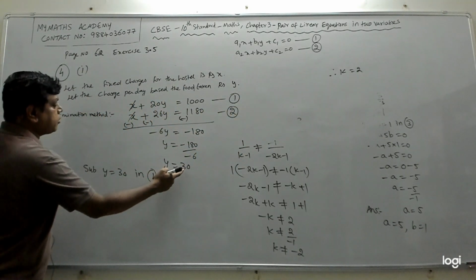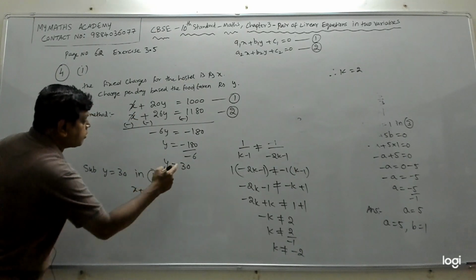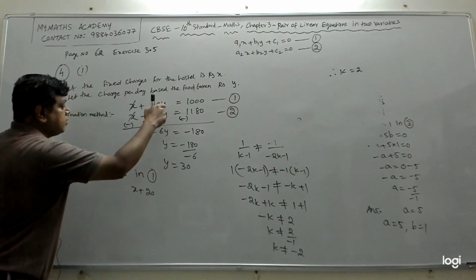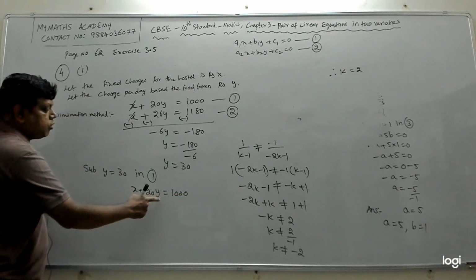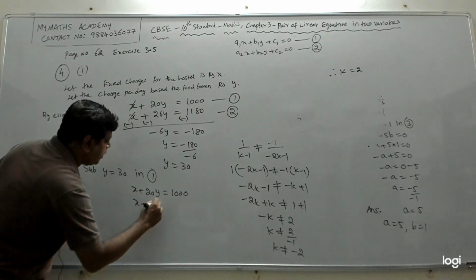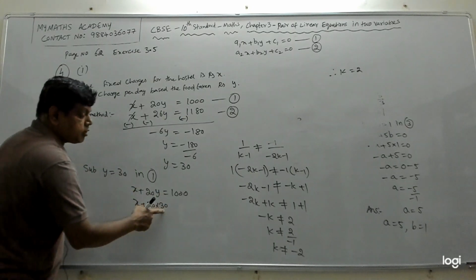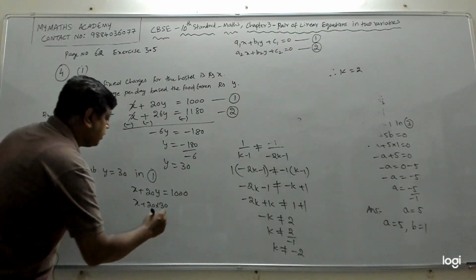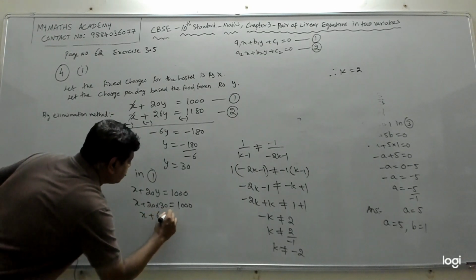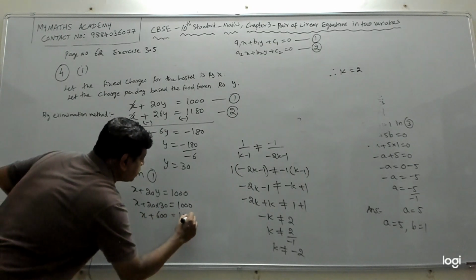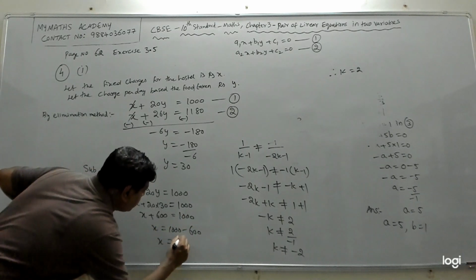Substituting y equal to 30 in the first equation, X plus 20y equals 1000. Here y I am substituting as 30, so X plus 20 into 30, which is 600, equals 1000. Therefore X becomes 1000 minus 600, which means X is equal to 400.